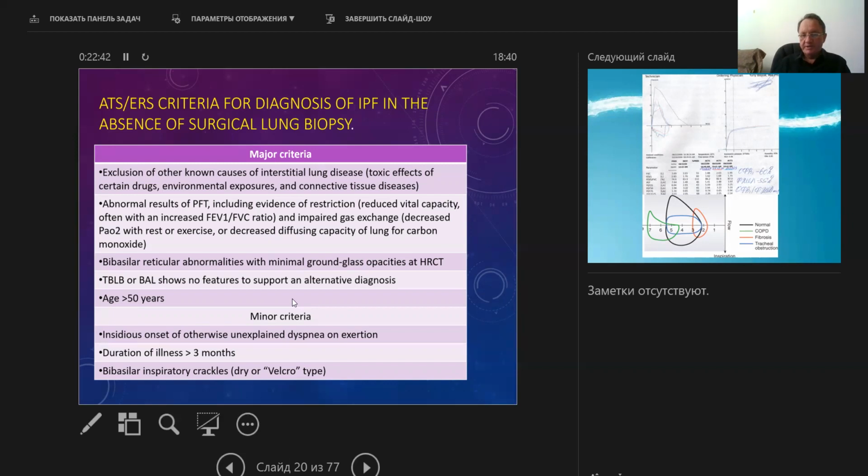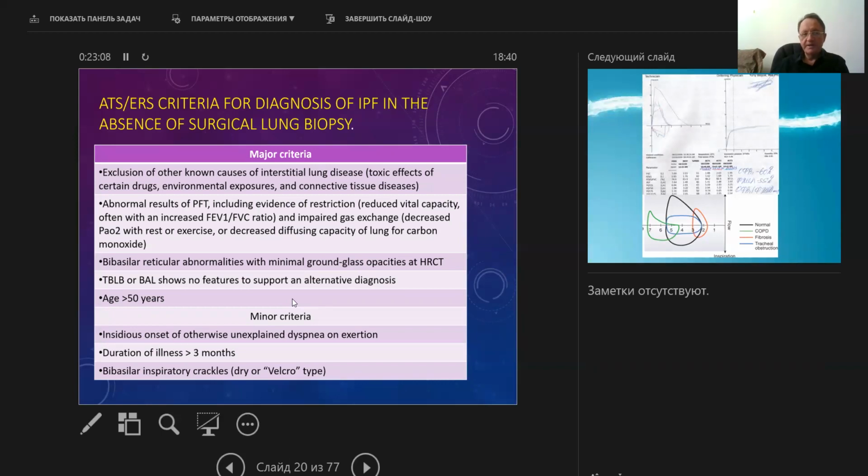Bibasilar reticular abnormalities with minimal ground glass opacity. So reticular abnormalities should be more than ground glass opacity. And transbronchial lung biopsy or bronchoalveolar lavage show no feature to support an alternative diagnosis, age more than 50 years old.